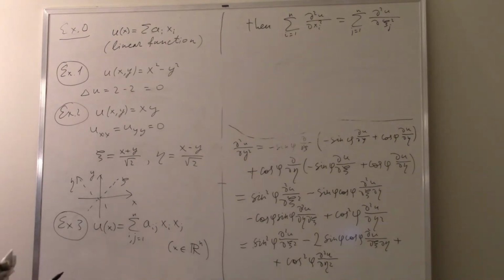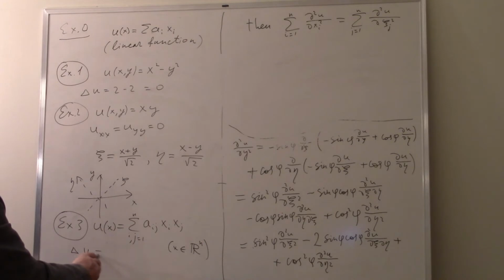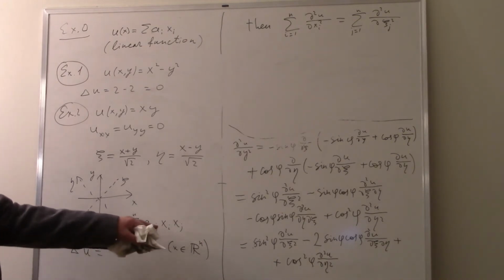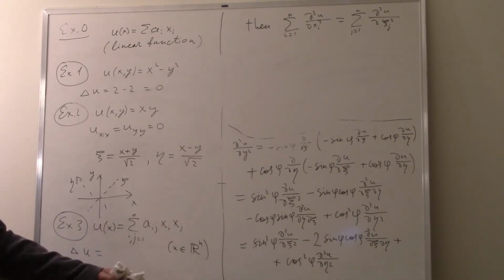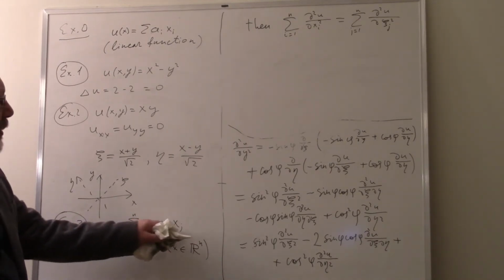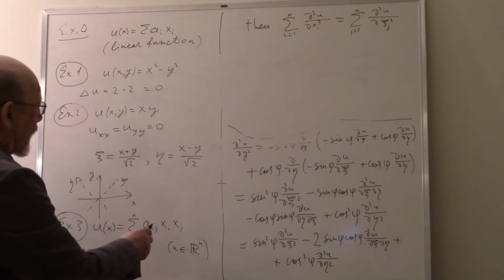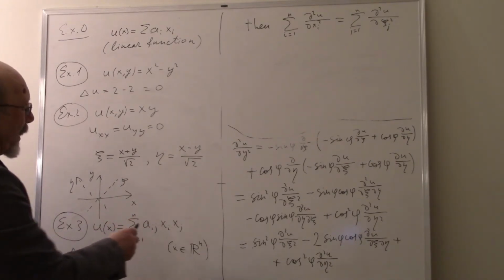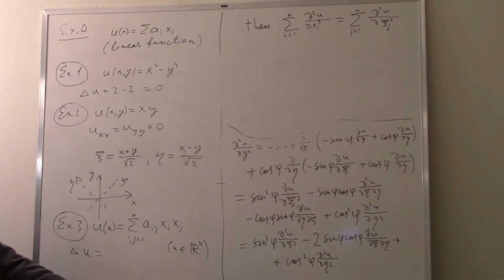Then the Laplacian of u, if you compute, if i is different from j, then the second derivative is 0 with respect to x_i or x_j or any other x. But if i equals j, then the second derivative is 2. So this means that only diagonal terms where i equals j count here.